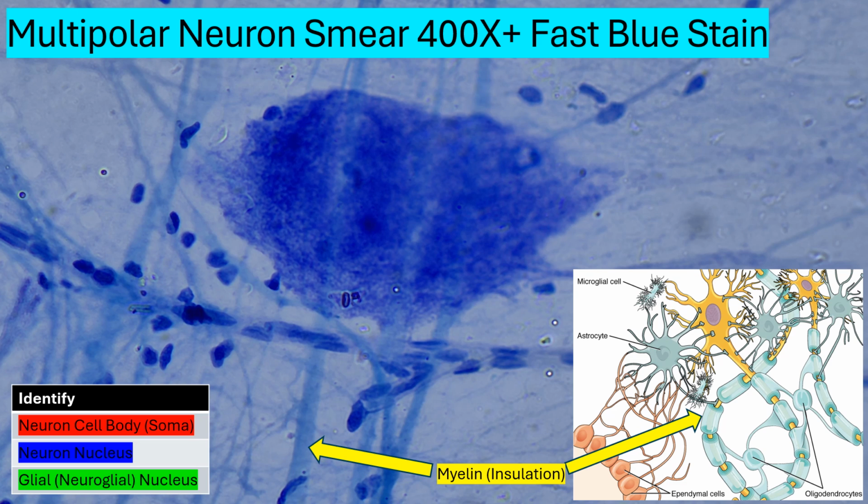So that being said, we have our soma roughly right here. And inside of that, right about there is the area of our nucleus. So soma and nucleus of a neuron. Do note we have this blotchy looking appearance. Those are actually Nissl bodies, which are parts of the rough ER that appear darker.